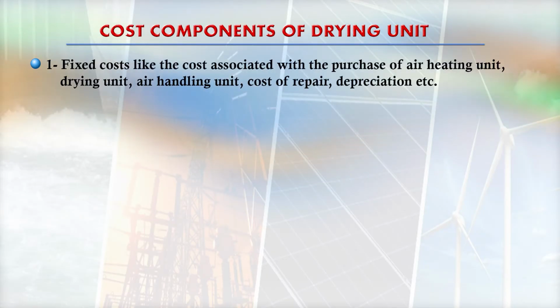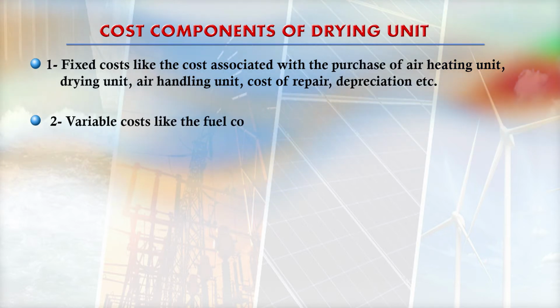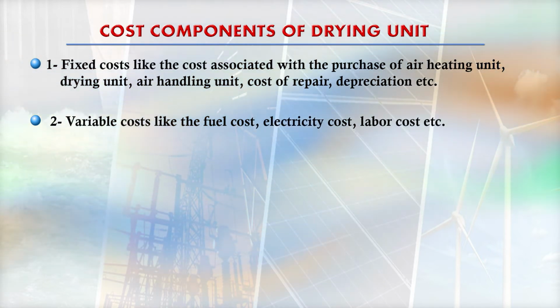First, fixed cost: the cost associated with the purchase of components of the solar dryer, such as air heating unit or solar air heater, drying unit, air handling unit, fabrication and installation cost, cost of repair and maintenance. Second is the variable cost, like fuel cost, electricity cost, labor costs, etc. And finally, the depreciation, which is reduced from the total cost.